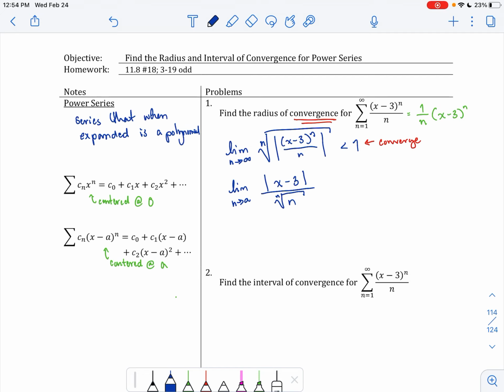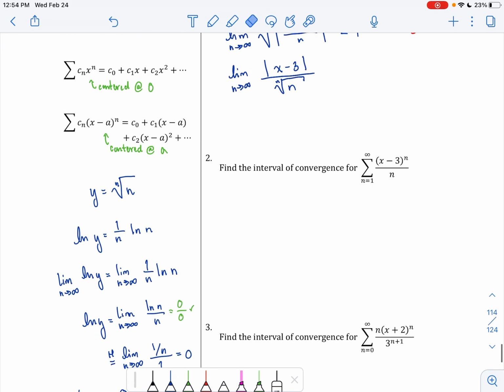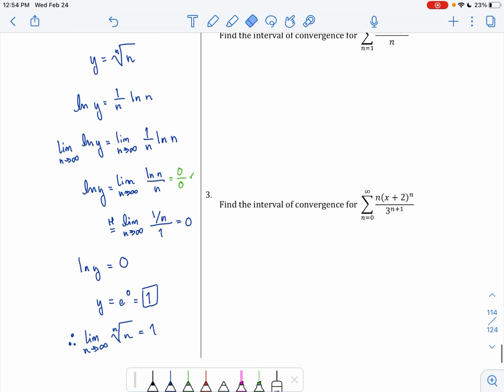Now, one helpful thing to know is that the limit as n approaches infinity of the nth root of n is actually 1. I'm not going to take the whole video to show the work for it, but if you look here or in the PDF, it's based on the idea that, very similar to some of our L'Hopital's problems, you take the log of the function, the nth root of n, and use L'Hopital's, taking the limit as n approaches infinity of both sides.